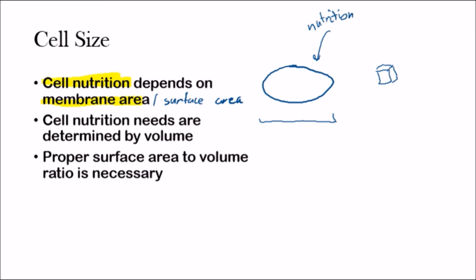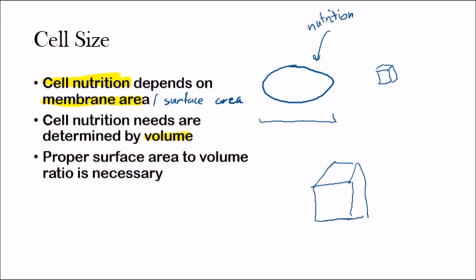Okay. However, cell nutrition is also determined by the volume of the cell. Okay, this is also important. It's determined by the volume. That factor has to be taken in. So by math, you know that if you want to increase the surface area, you can just increase the size, right? So we have a small box here, and then we also have a large box, right? I'm going to use this in terms of cubes.